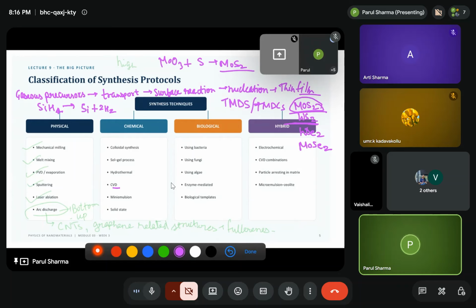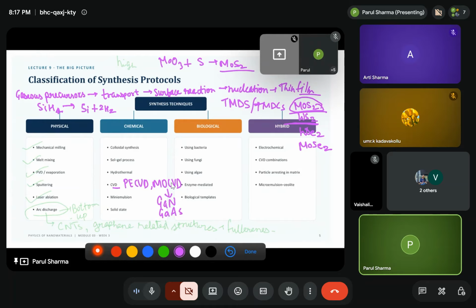MOCVD is important for semiconductor materials such as gallium nitride, gallium arsenide, indium phosphide, like III-V semiconductors.